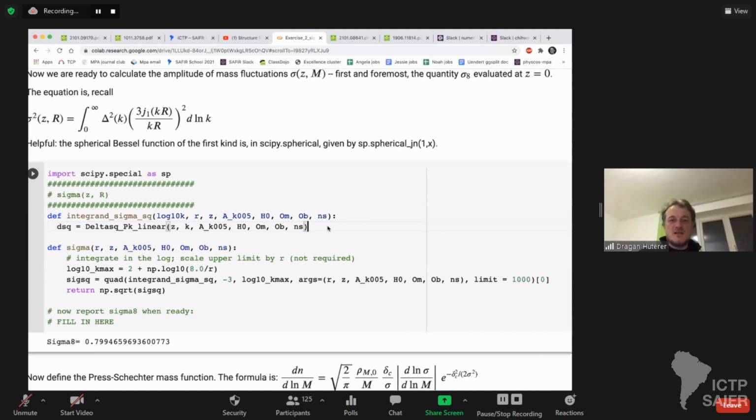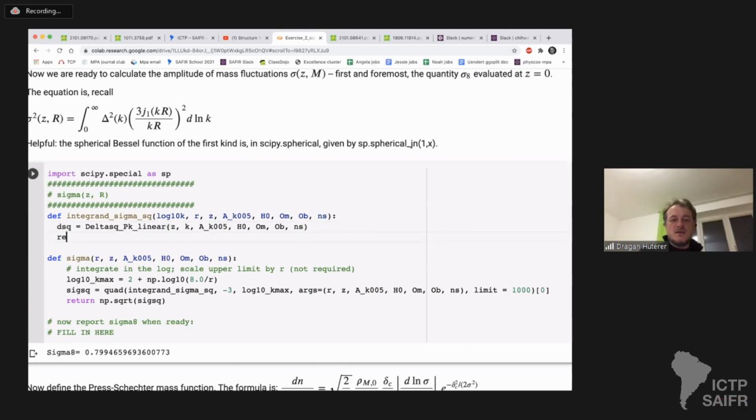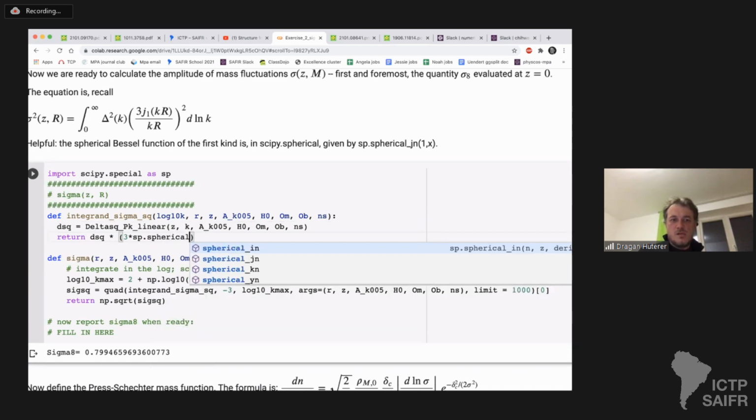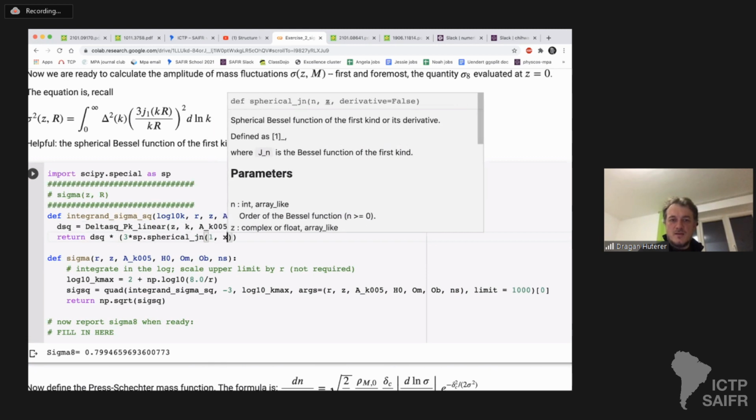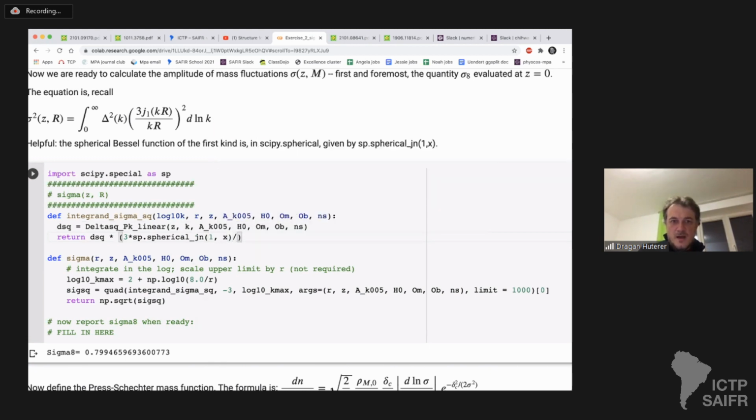All right. So this is delta squared and then I need to multiply that. So I basically need to just return this times delta squared times this quantity, 3 times sp.spherical_jn of 1 and x, divided by x, that quantity squared, so that's the integrand.